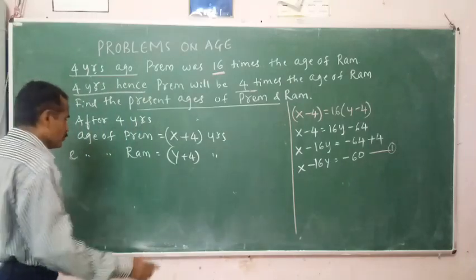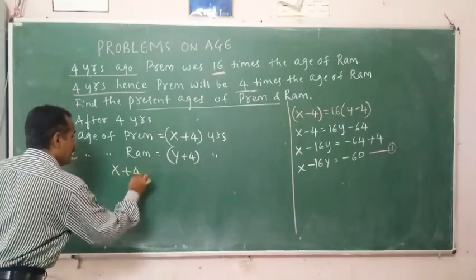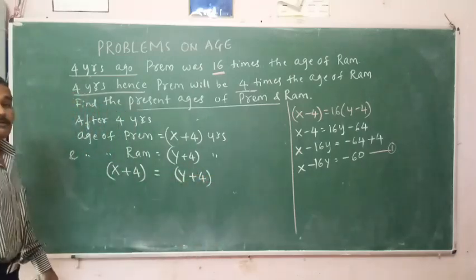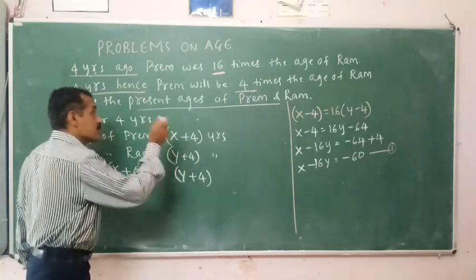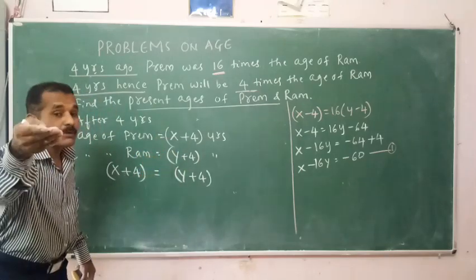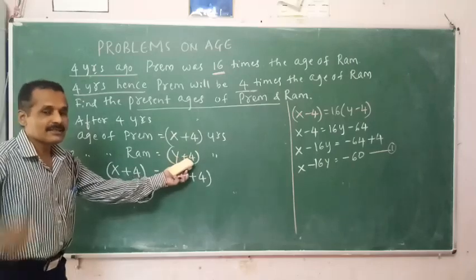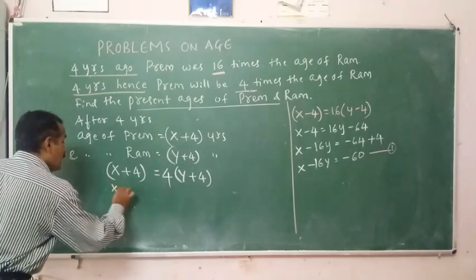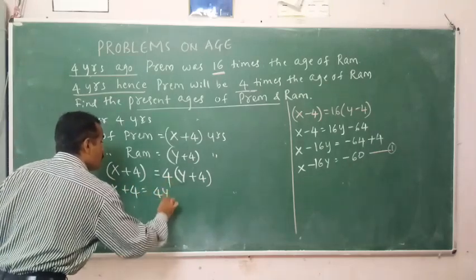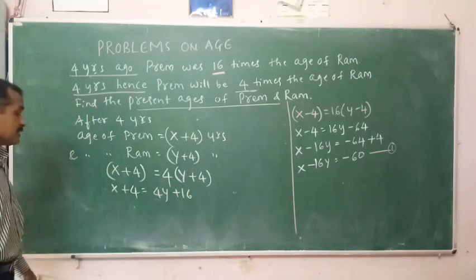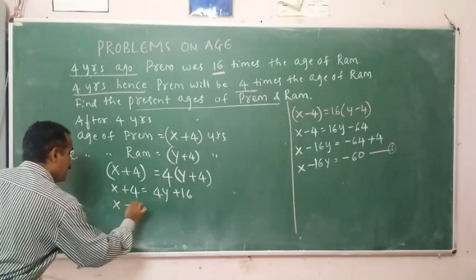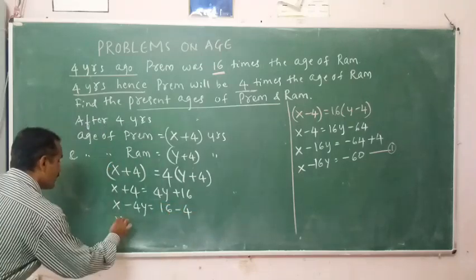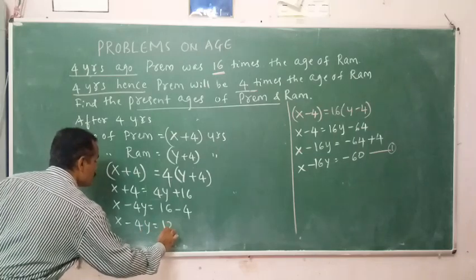What do I have to do now? This is the age of Prem. This is the age of Ram. He will be 4 times. Who will be 4 times? Prem will be 4 times. To whom are you multiplying? Where there is less, there you have to multiply, to Ram. x plus 4 is equals to 4y plus 16. x minus 4y is equals to 16 minus 4. x minus 4y is equals to 12.